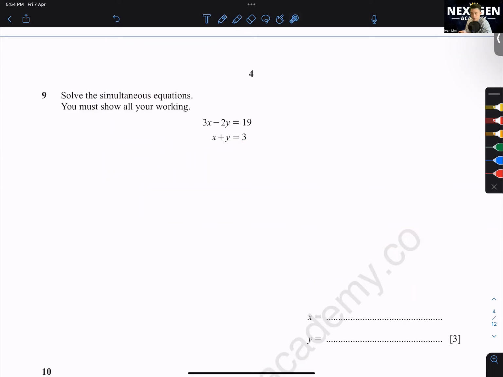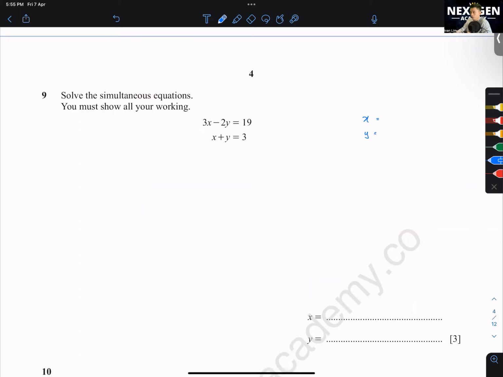You go to simultaneous equation in your calculator, whichever calculator you are using. Then go and key in all these values. 3, -2, 19. Then 1, 1, 3. Find the value first, then write the answer at the corner first, so you will never get it wrong.